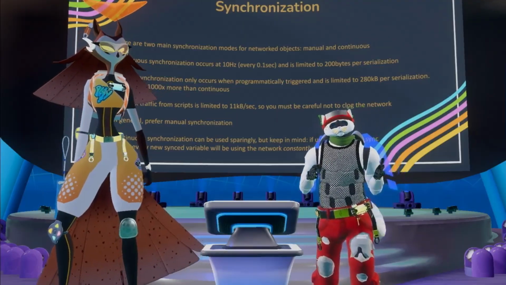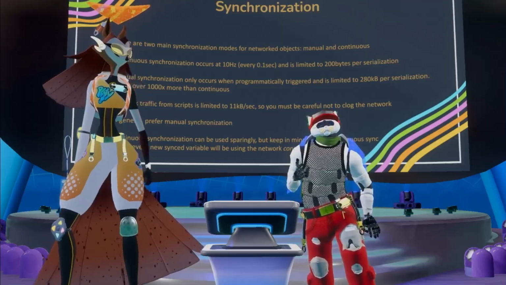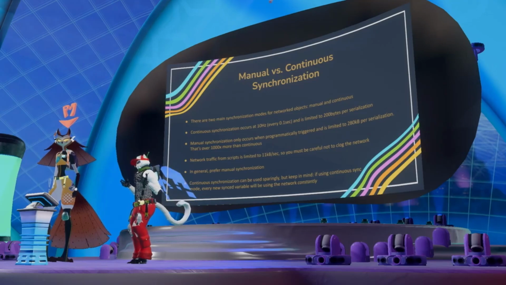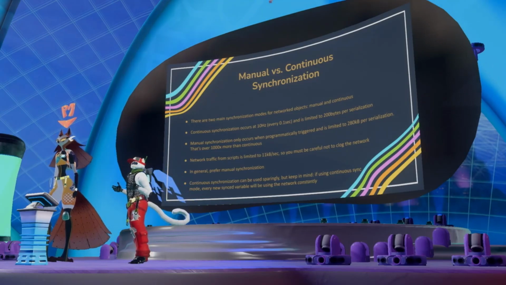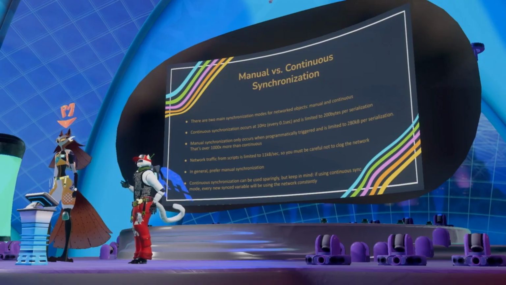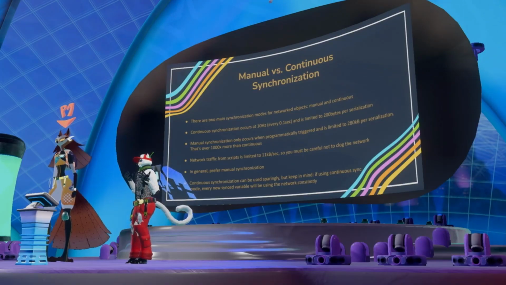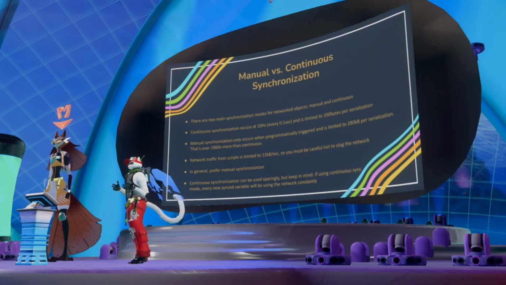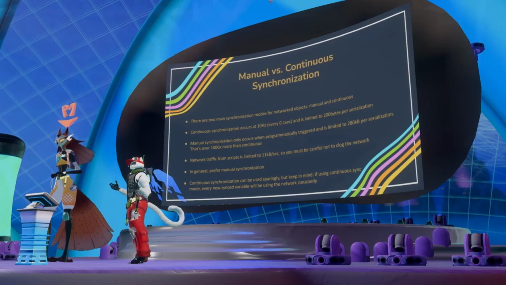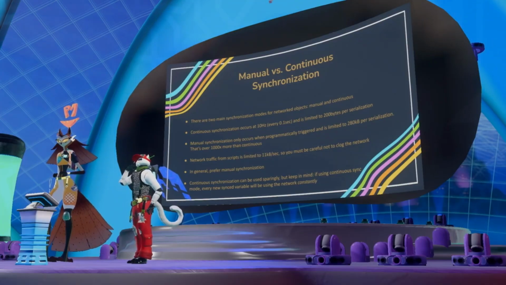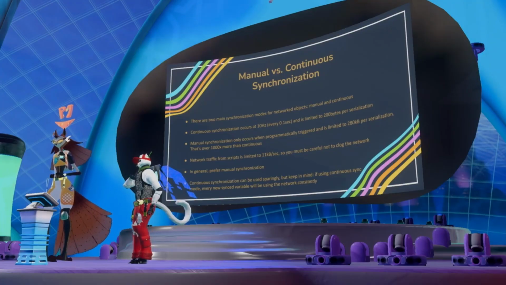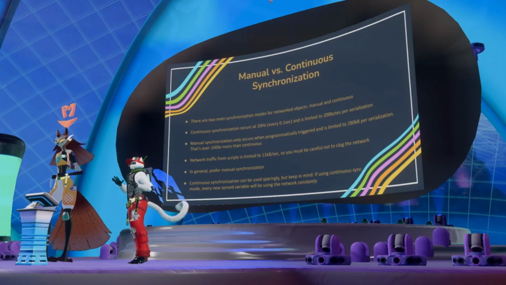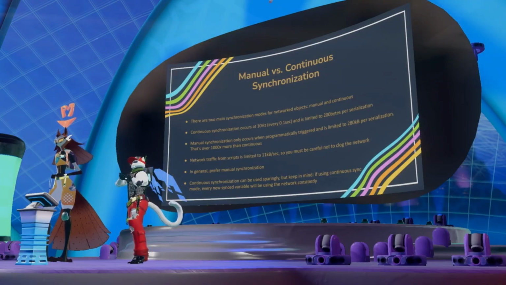Because of that limit, you generally want to prefer manual synchronization. While continuous synchronization can be used sparingly, you have to keep in mind that anytime you add a new UdonSynced variable with continuous synchronization, it's going to be using the network constantly with no breaks. Every 10th of a second, it's going to update. With manual synchronization, you only update when you need to.